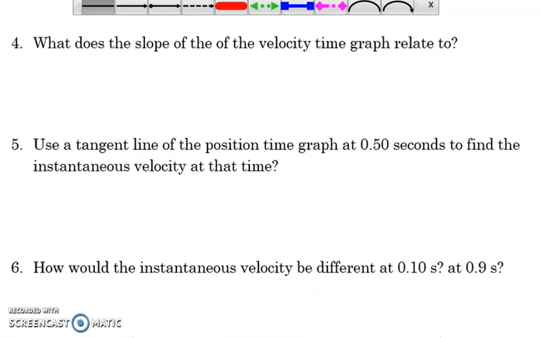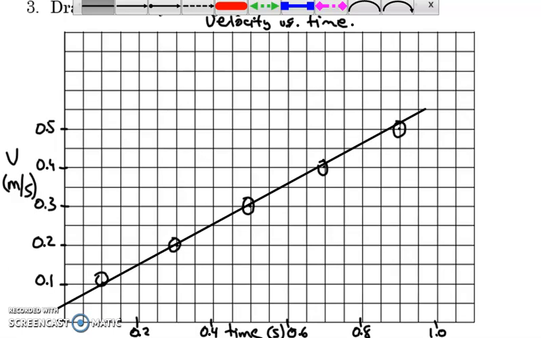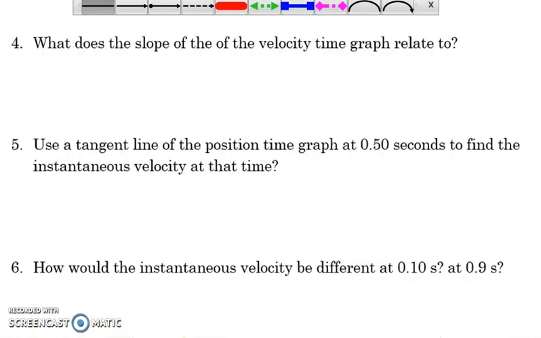Well, the first one, we said, what does the slope of a velocity versus time graph indicate? Well, if it's the velocity versus time, the slope is the rise over the run, right?